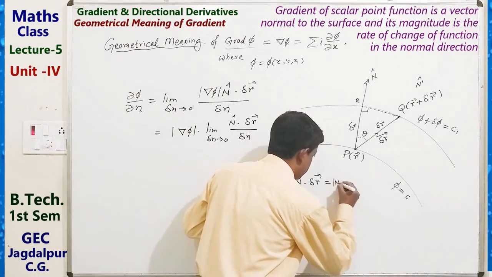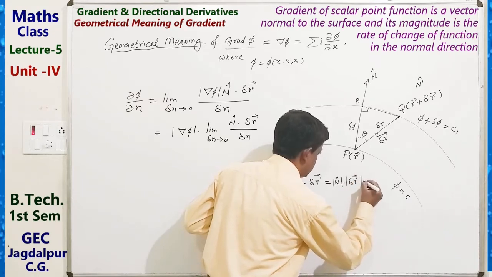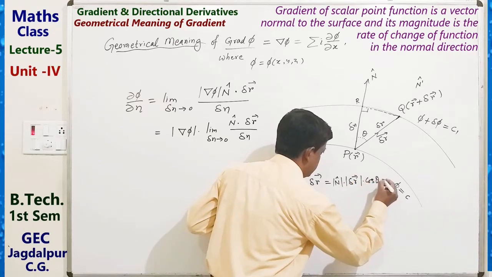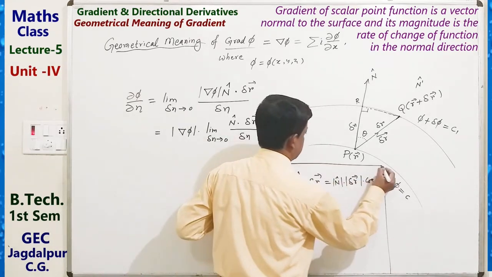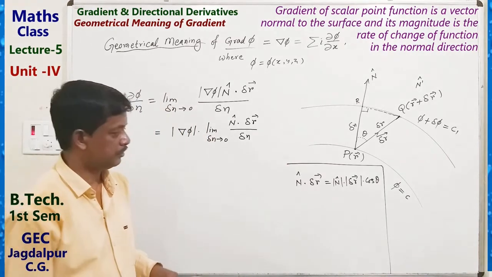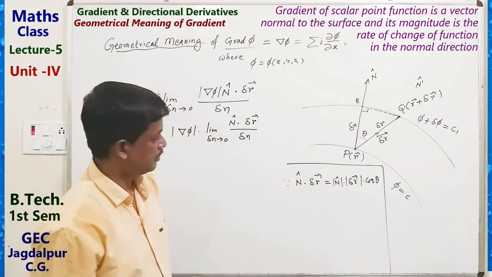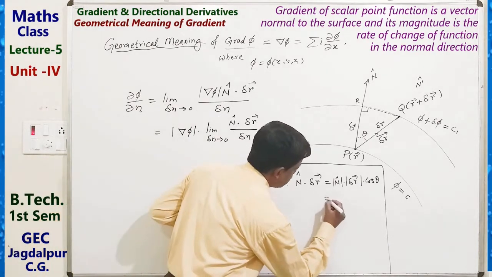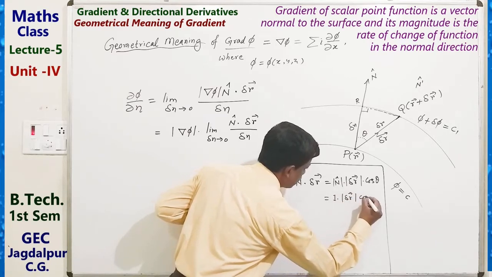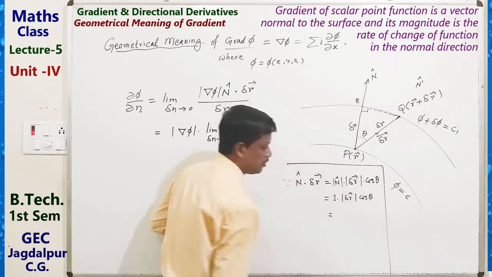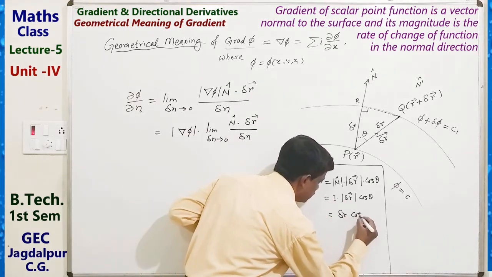Modulus of n cap, modulus of delta r, cos theta. In this diagram, this equals to what? 1 dot delta r cos theta. Modulus delta r, that is delta r cos theta.